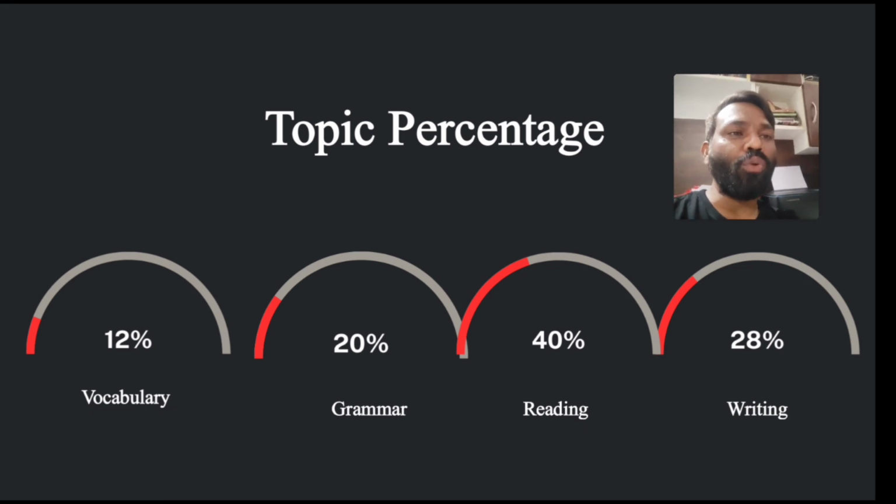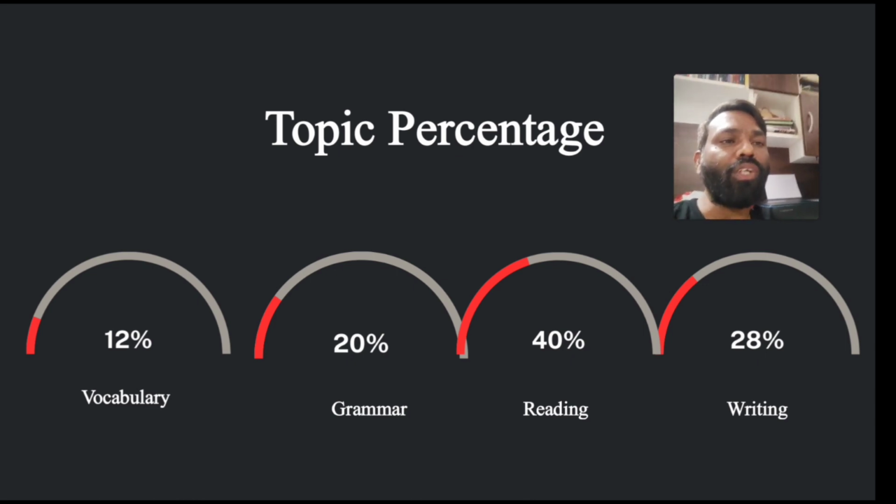Give the students practice in comprehending and understanding the different materials of reading, and how to identify the gist of the material, the gist of the passage, the gist of the poem. So like that we can give some worksheets. In our forthcoming videos, we are preparing the students with the help of worksheets and the model question papers prepared by our team.